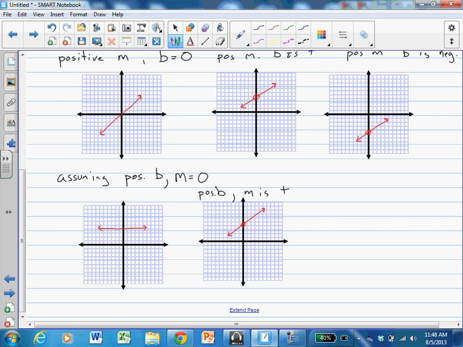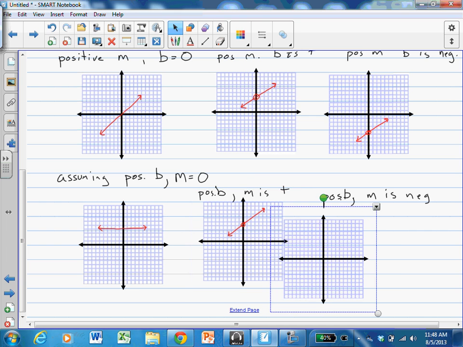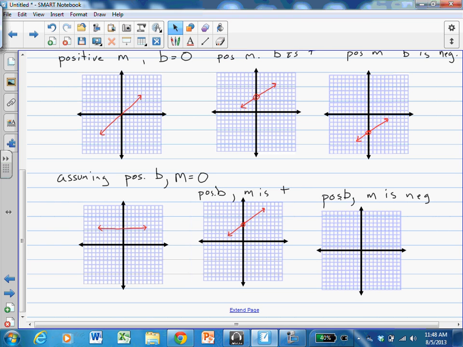How about the last one, which I'm sure you could guess, positive b and m is negative. Each of these will describe a different situation. Okay, good. That has a positive b, and the slope is going downhill. It's negative.